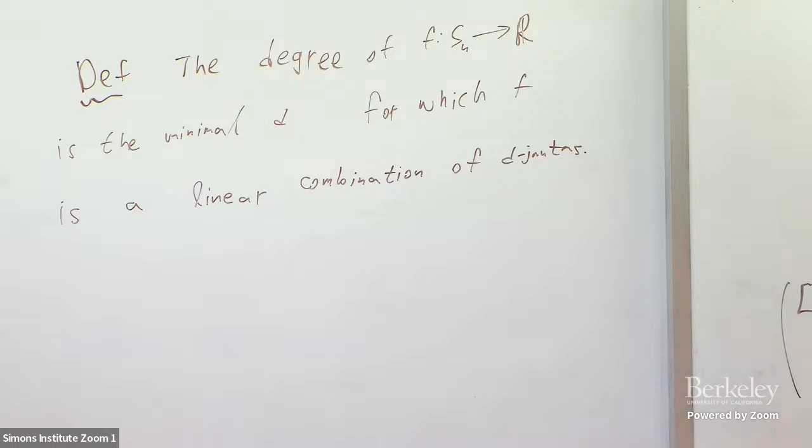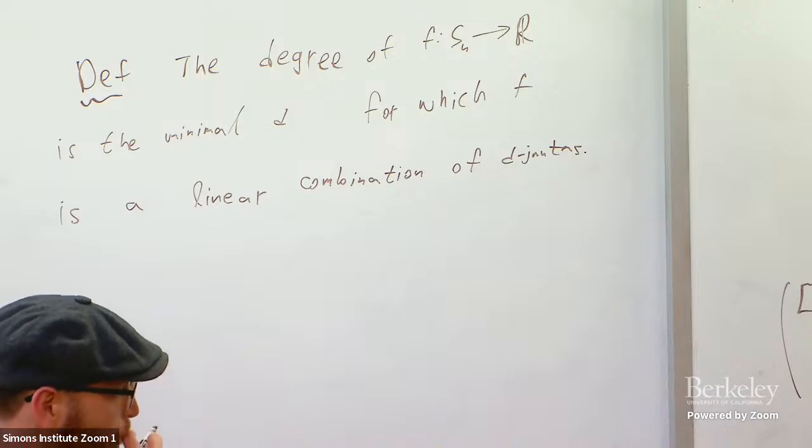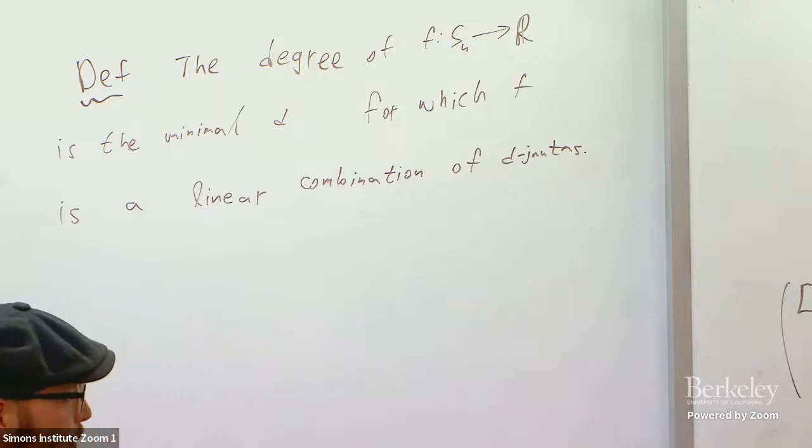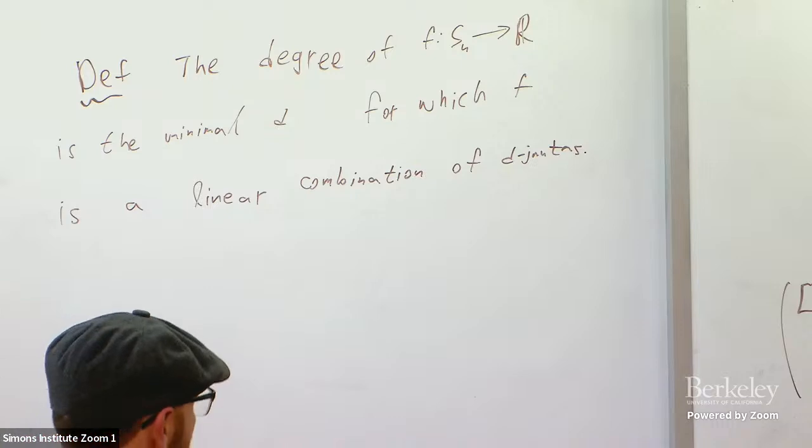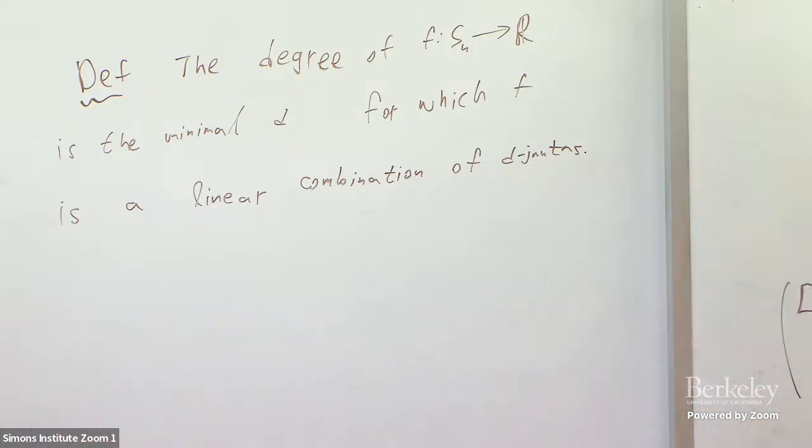And so this is a notion for a function. You can also define a corresponding notion for representations, but let me just state briefly that you can define the level of a representation to be the minimal D for which it contains a U_J invariant vector for J of size D. So it's the minimal D for which it contains a D junta, but let's not talk about it too much.